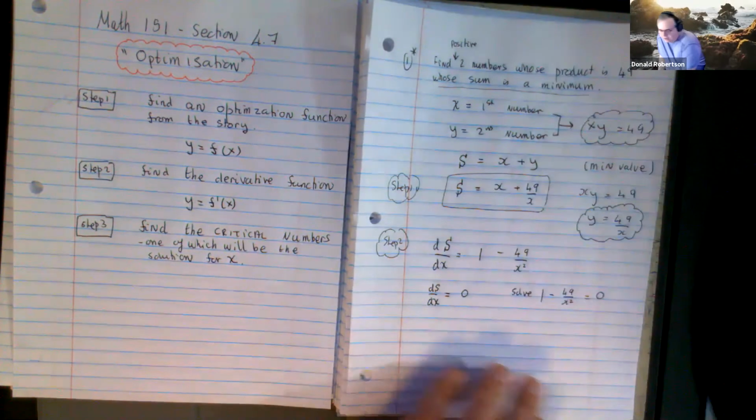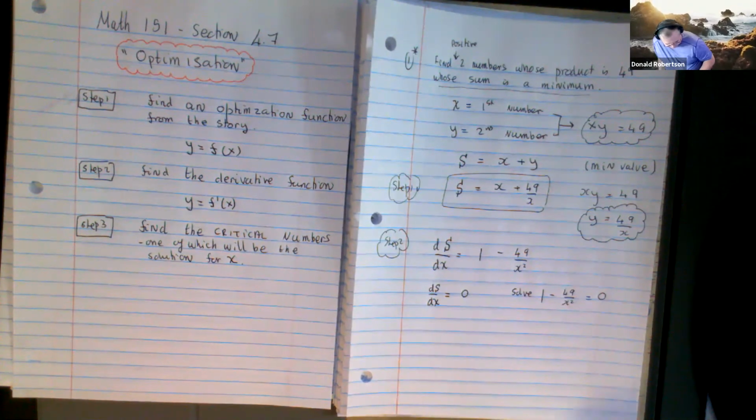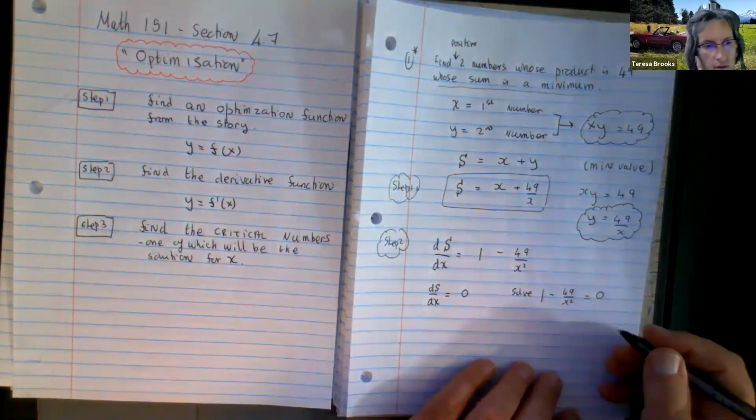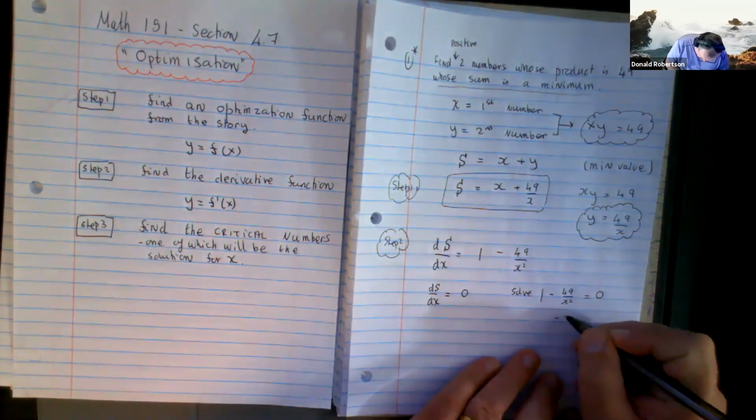There's at least 3 different approaches to this, and they all work. Does anybody want to just jump in and tell me how they're going to solve this equation? It might not be the way I was going to do it, but that doesn't make it wrong. It just makes it different. Move the 1 over to the 0 by subtracting 1 from both sides. Okay. Seems reasonable.